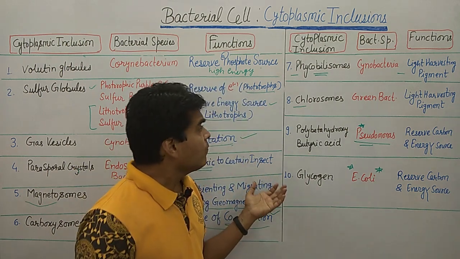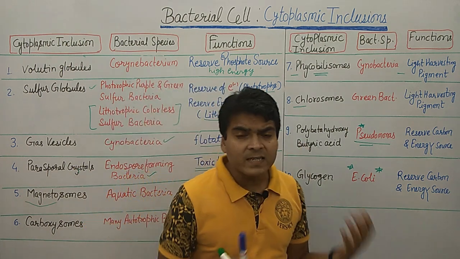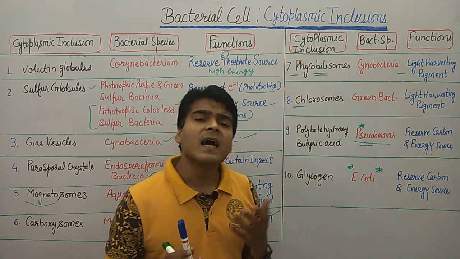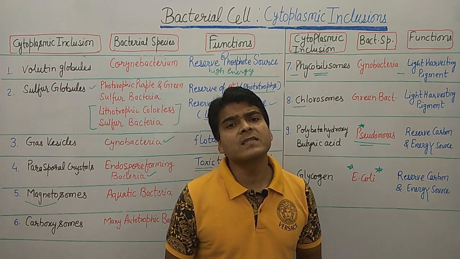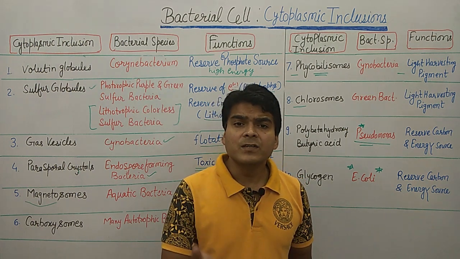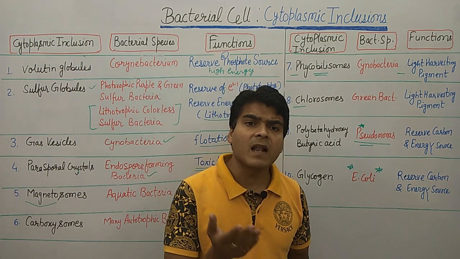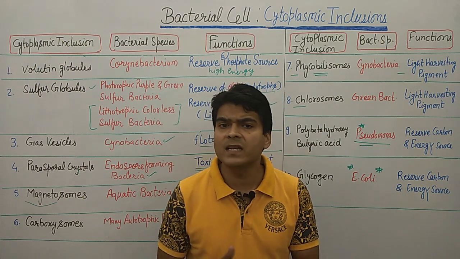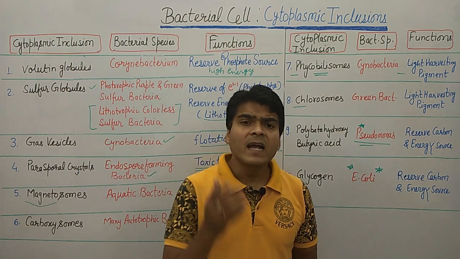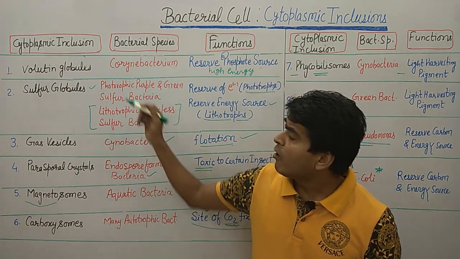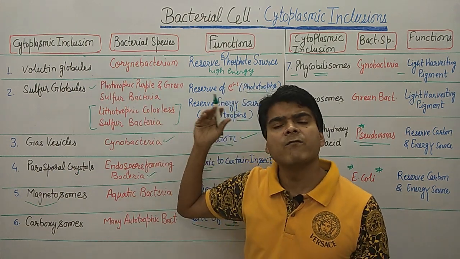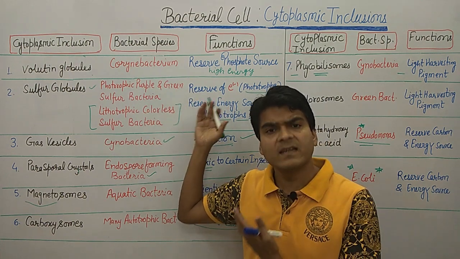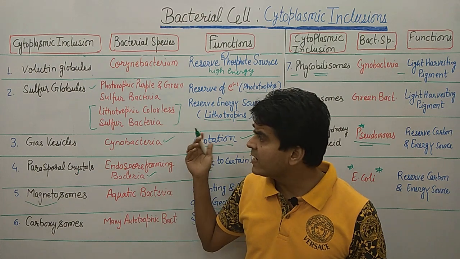Hopefully you are able to understand whatever I have given about the cytoplasmic inclusions. And what happens in the examination? Sometimes in a university examination, the examiner asks the question: write a short note on bacterial cytoplasmic inclusions. Sometimes the examiner asks whether volutin globules are found in bacteria, fungi or virus.